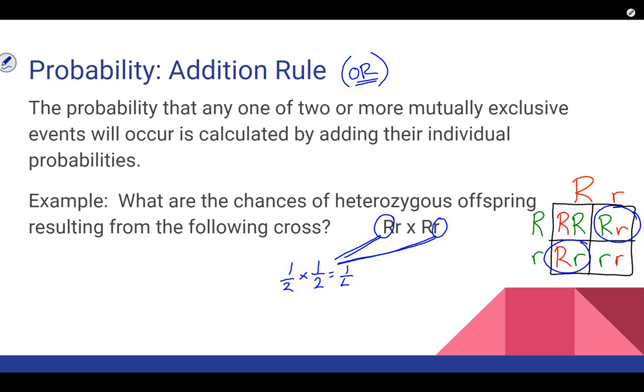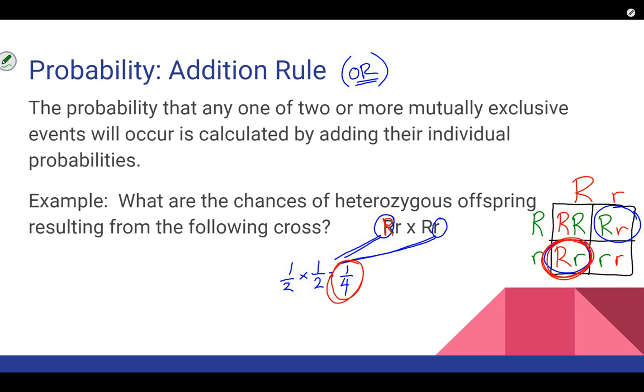So there's a 1 in 4 chance of getting that exact genetic combination. With me so far? So this was the capital R. So that's the probability of getting this lower left-hand heterozygote right there.